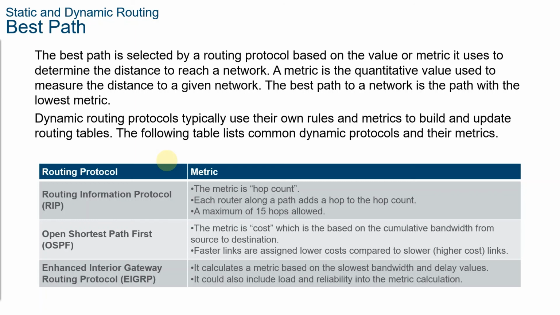Dynamic routing protocols typically use their own rules and metrics to build and update routing tables. The routing algorithm generates a value, a metric, for each path through the network. Metrics can be based on either a single characteristic or several characteristics of a path.